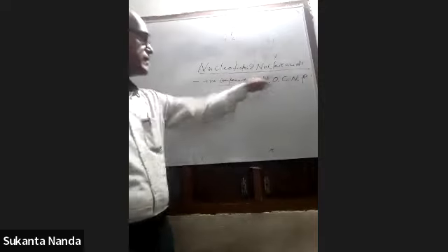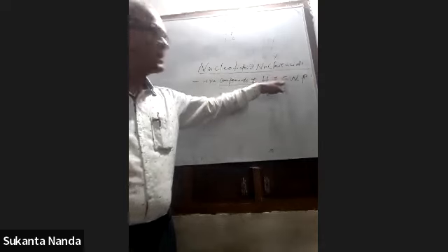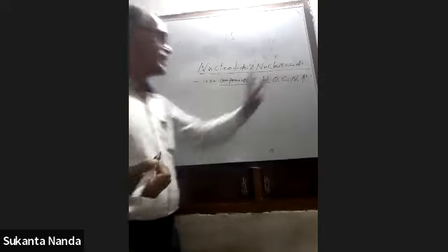That point you have to remember. In a nucleotide you get hydrogen, oxygen, carbon, nitrogen, and phosphorus.